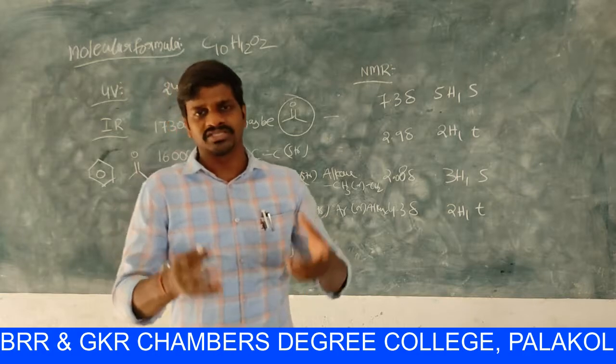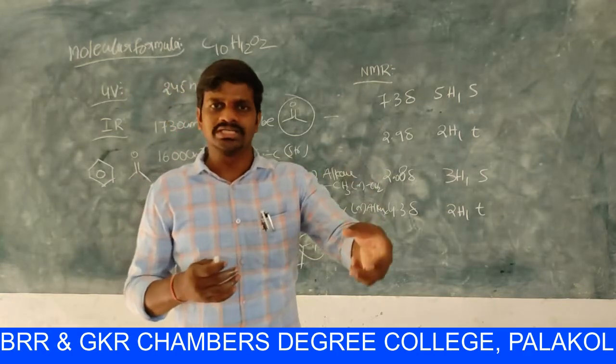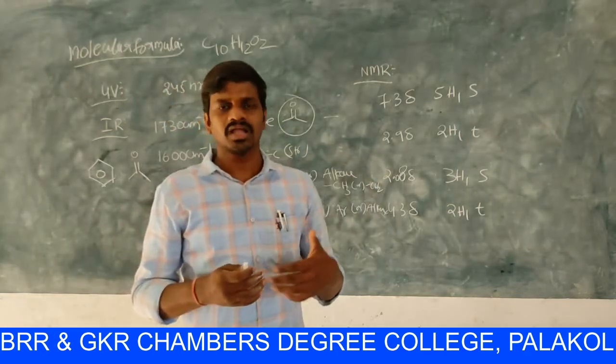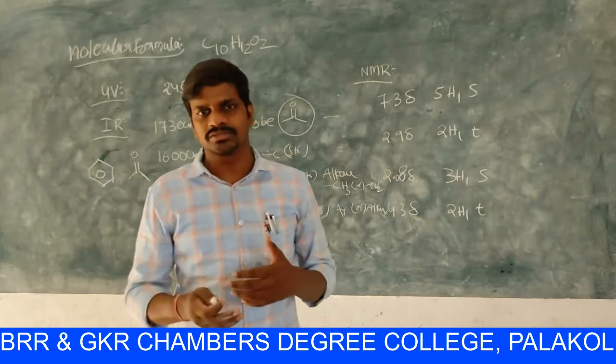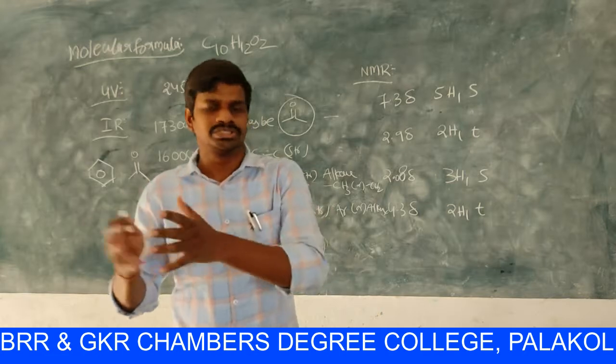Because of the presence of the electron releasing group, it releases electrons and the electron density on the benzene ring increases. So it is shifted to the shielding region.